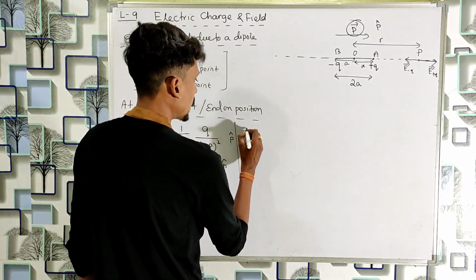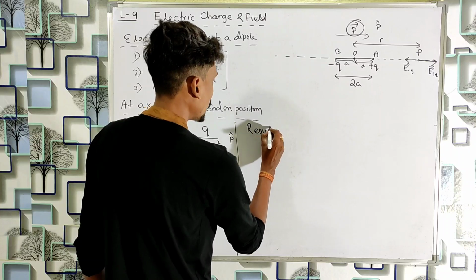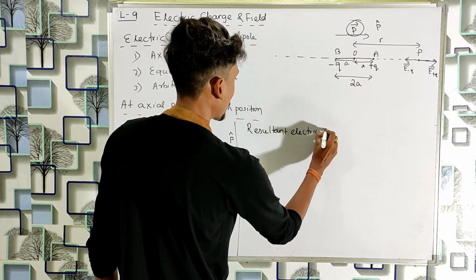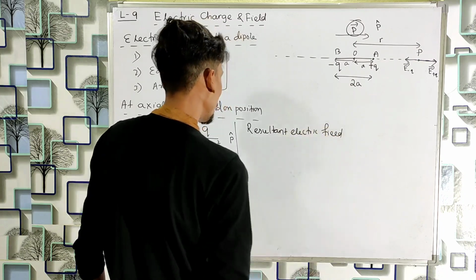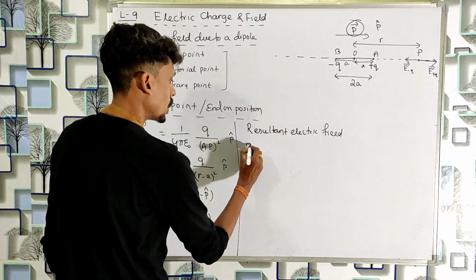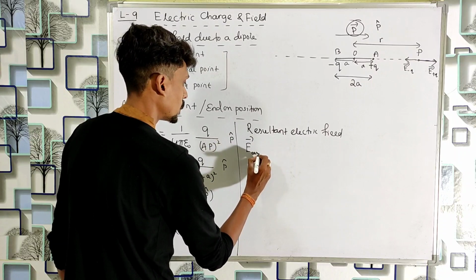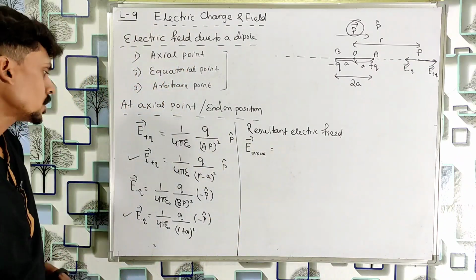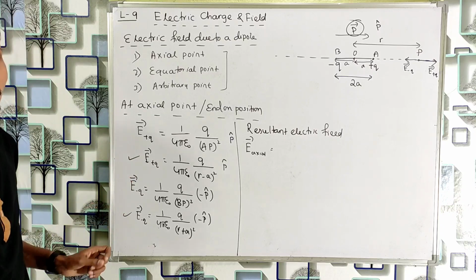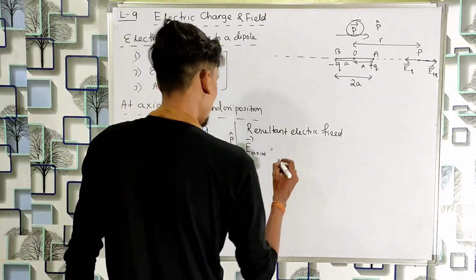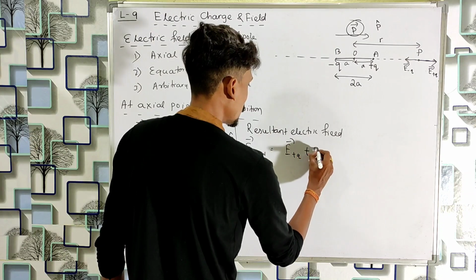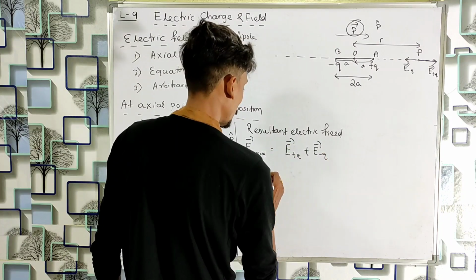So the resultant electric field or the net electric field will be E axial. And here you have to add these two electric fields vectorially. So E axial will be E plus Q vector plus E minus Q vector.